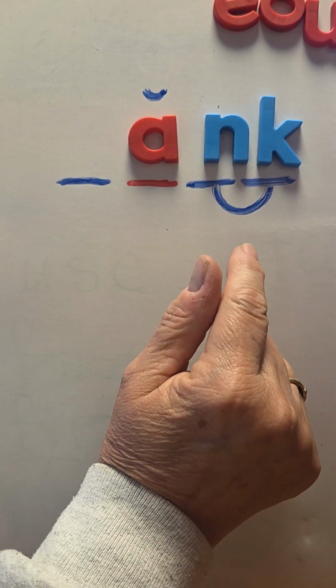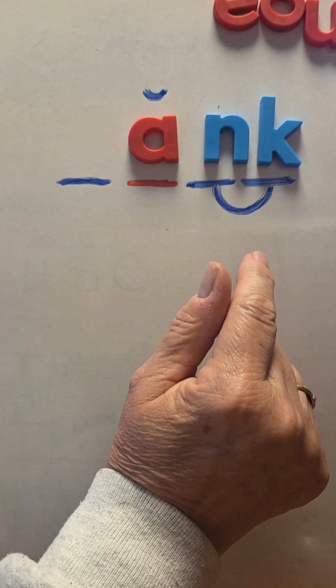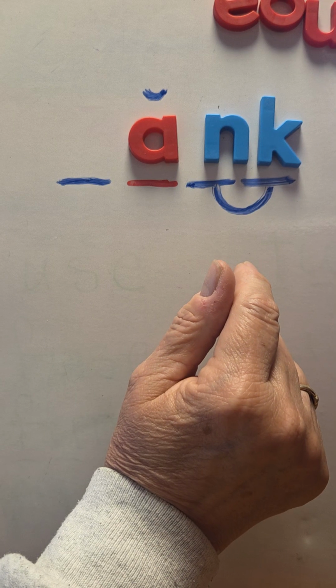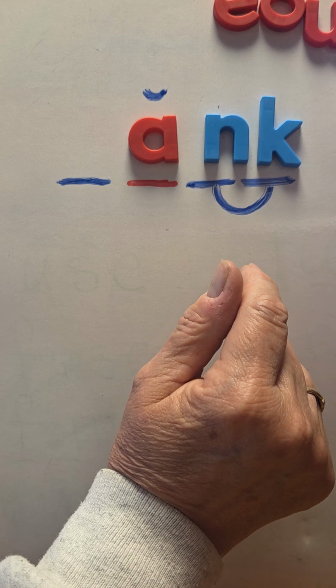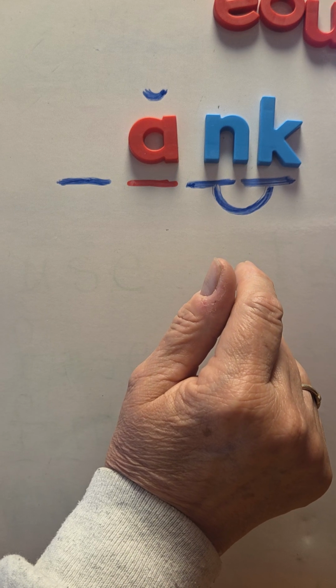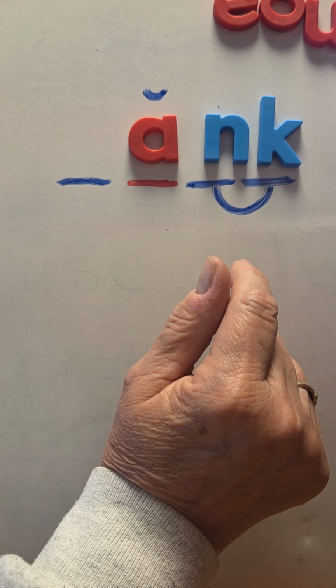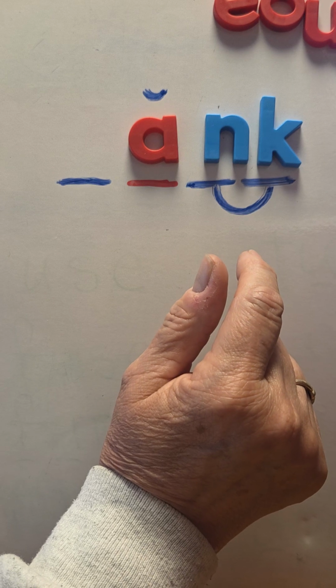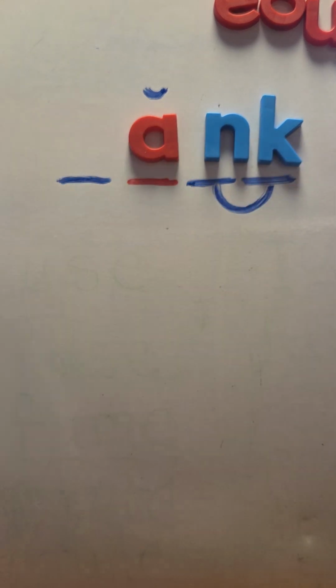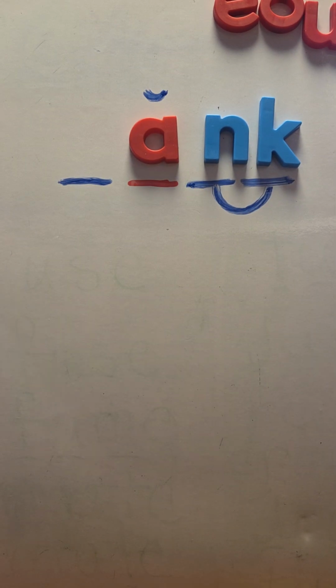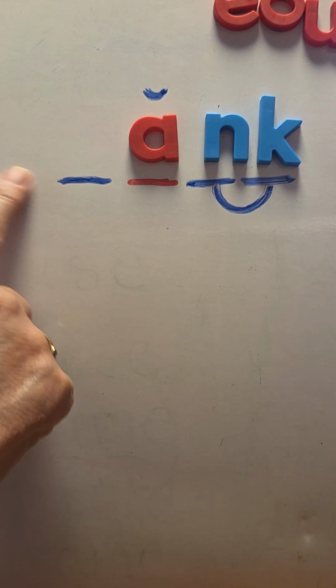My mouth is open, and K is with my mouth open, not real wide open, just a little bit. Nk. My lips never shut. My tongue is moving. Ank, ank.